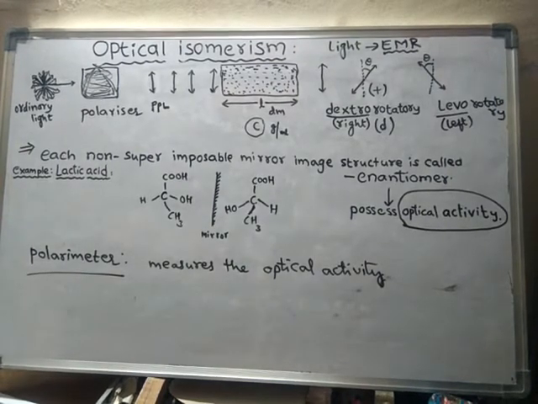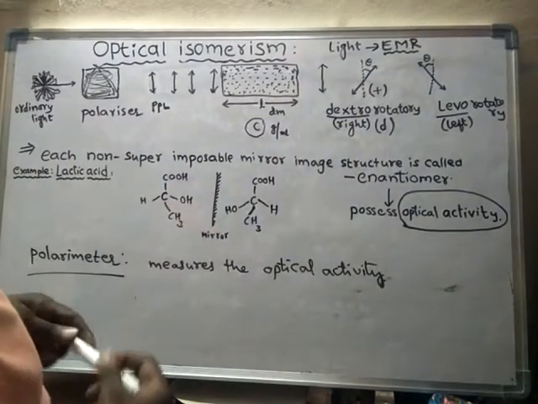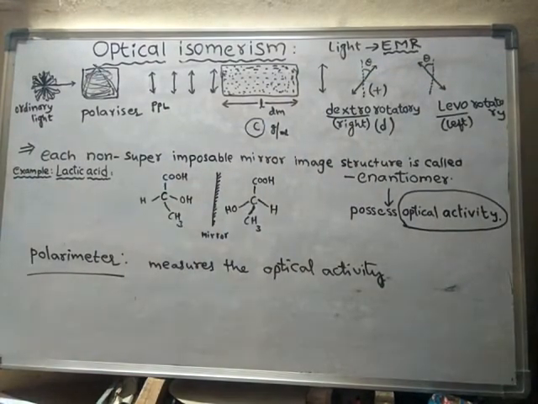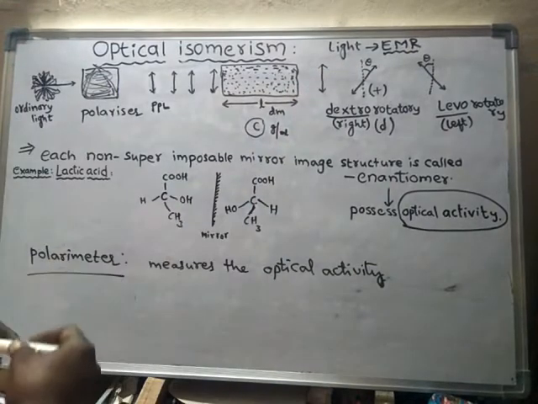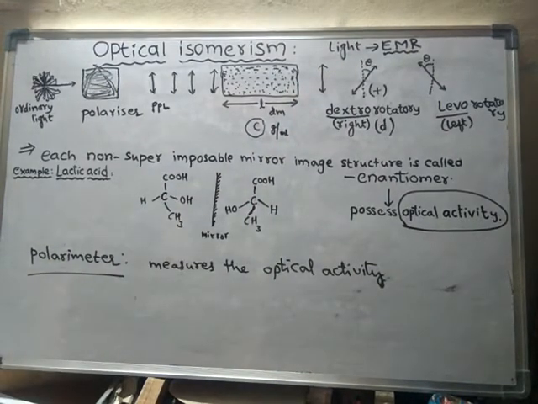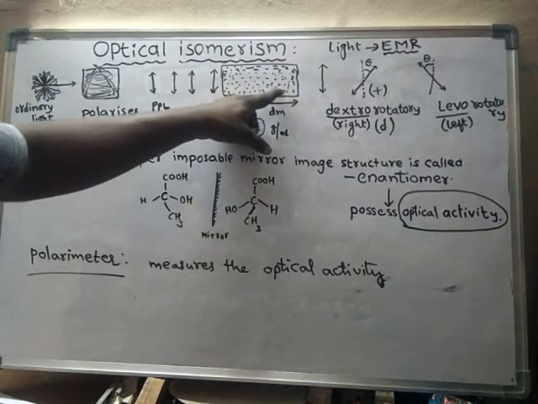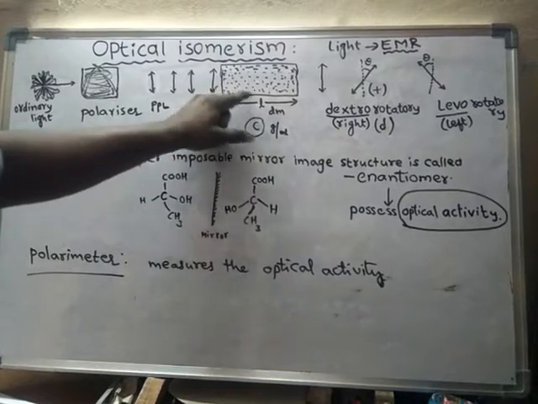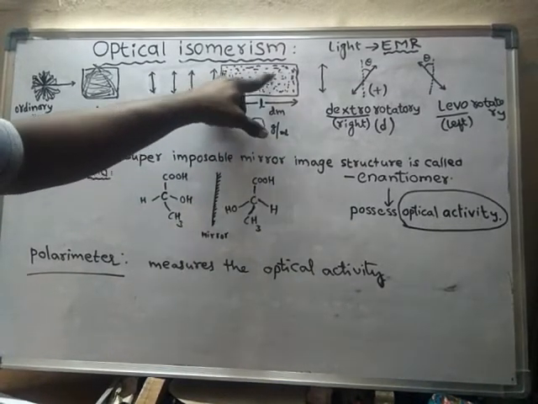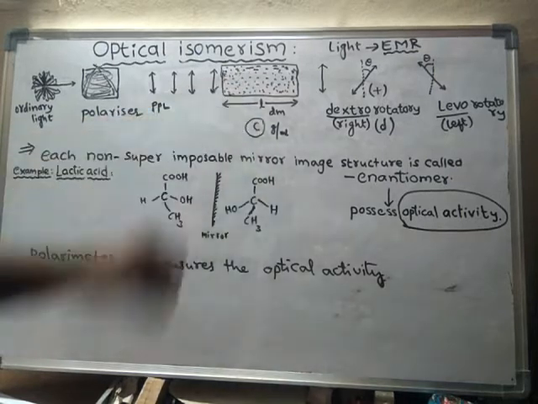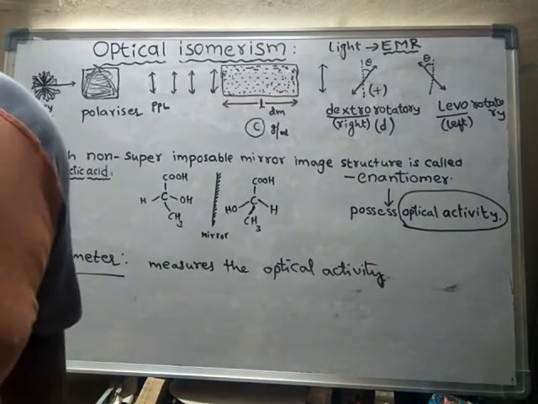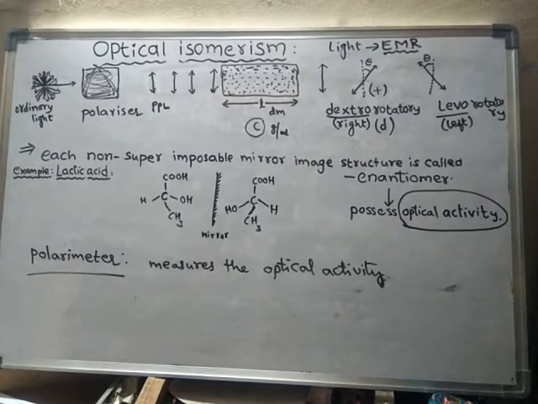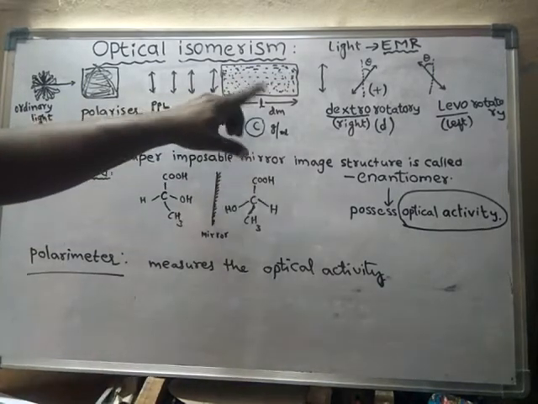And one more thing, here this theta is said to be the angle of rotation. The angle of rotation varies with the length of the tube and also the concentration of the substance, and it also depends upon several factors like temperature, pressure, etc. So it varies even for the same compound.